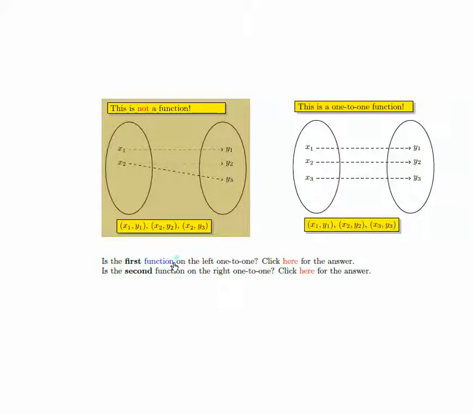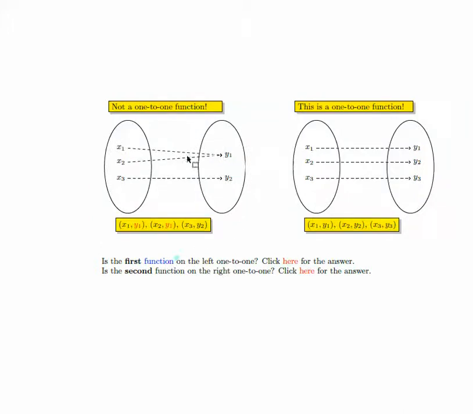So this is not even a function yet, and you want to forget about this case. In the valid case, even though x1 and x2 are different, the element in y is unique for each original element in x. So we know now this is one-to-one.